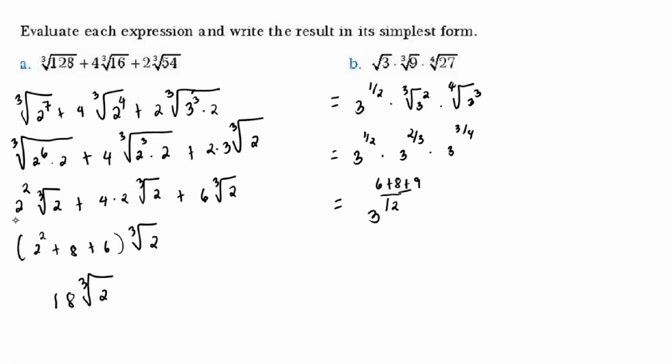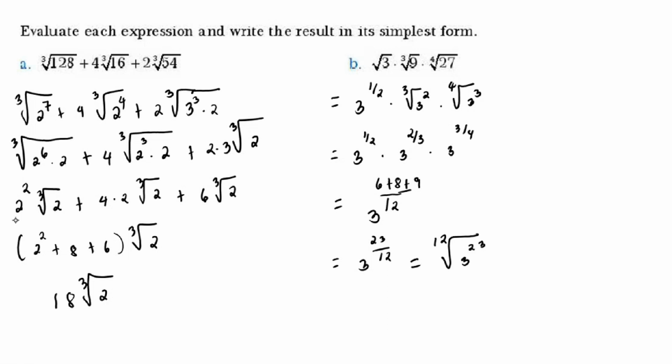So we can write now 6 plus 8 plus 9. We have 23. So we have 3 to the power of 23 over 12. Or this can be written as the 12th root of 3 to the power of 23.